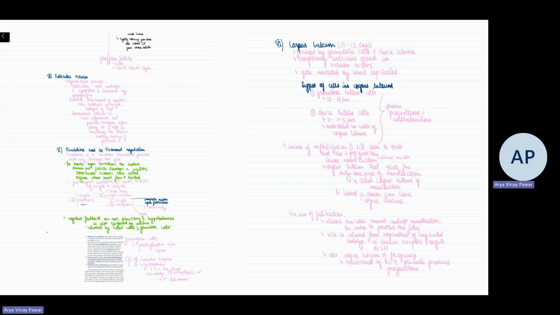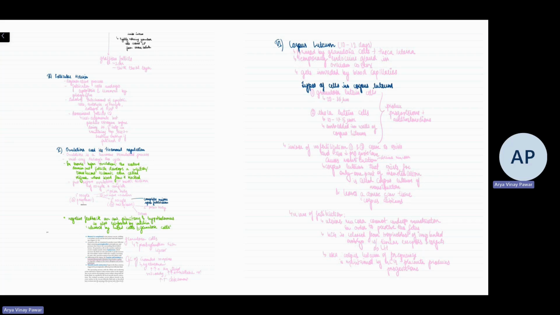Just before ovulation, the first meiotic division of the oocyte is complete, and the second division completes only if it meets the sperm, and it results in the formation of a zygote, right? So I've written it down in a very concise manner.